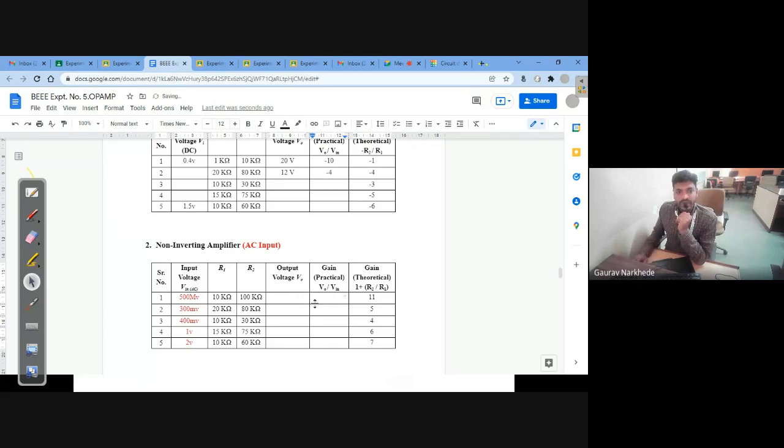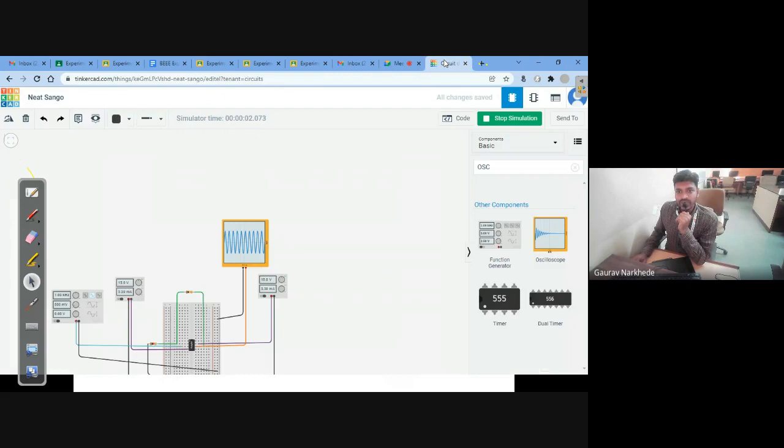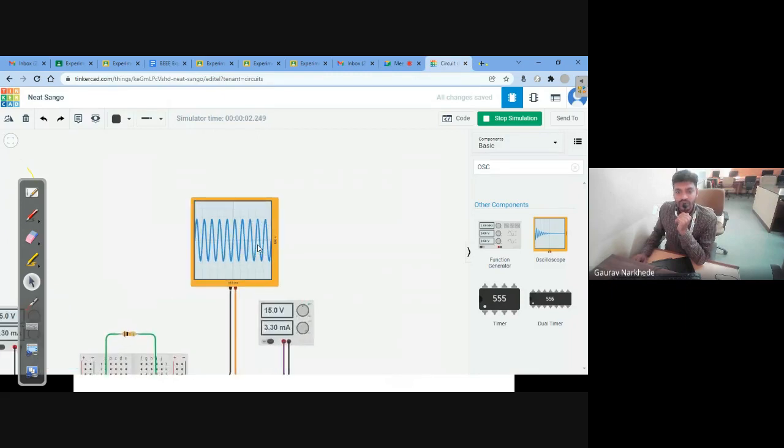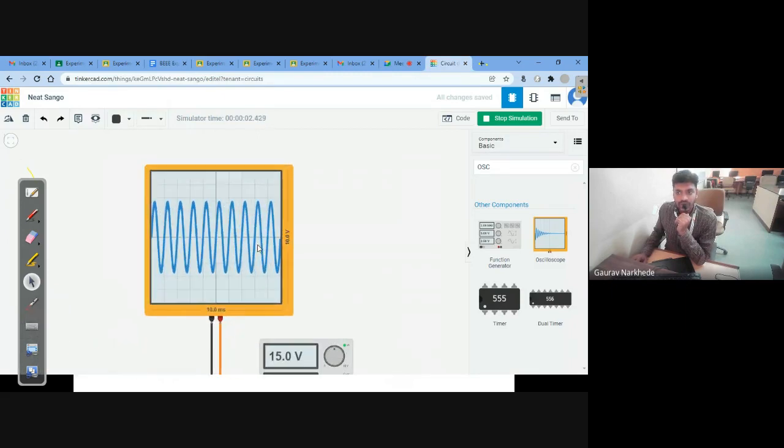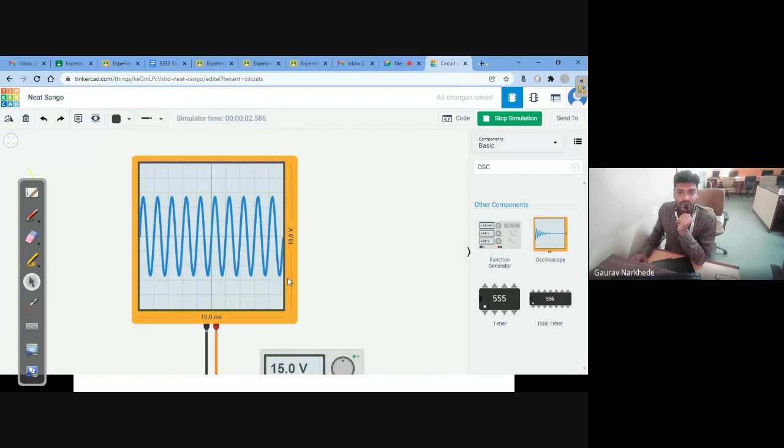Okay, so let me see what the output voltage is, and I will zoom for you. So how much is it? So 1 volt, right? 1, 2, 3, 4, 1, 2, 3, 4, 5, 5.5. Can I say 5.5 volts? Yes, because it is 10, so 5.5 divisions are covered, right? One division is for 1 volt.